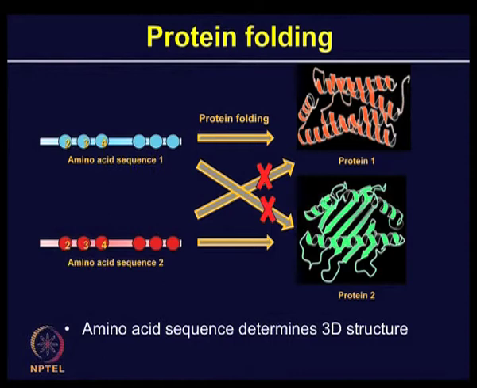Now, as you can see here, the proteins have very much specificity. If you have an amino acid sequence 1 shown in blue color, that will form protein 1 shown in the right side. If you have amino acid sequence 2 shown in red, that will form protein 2.